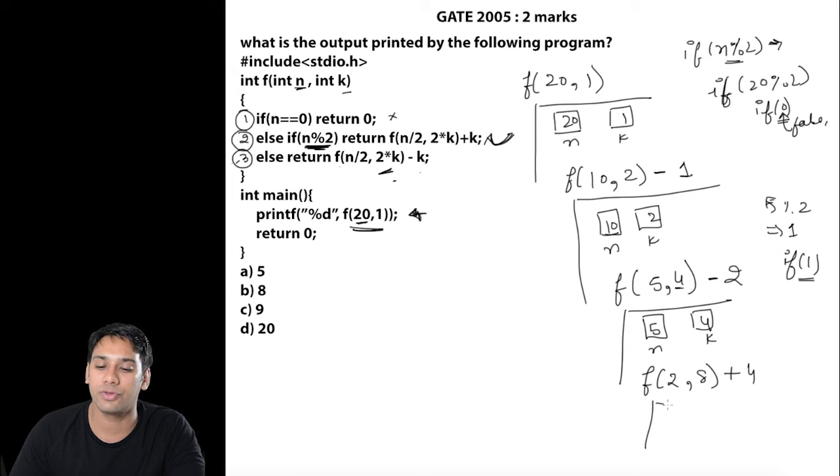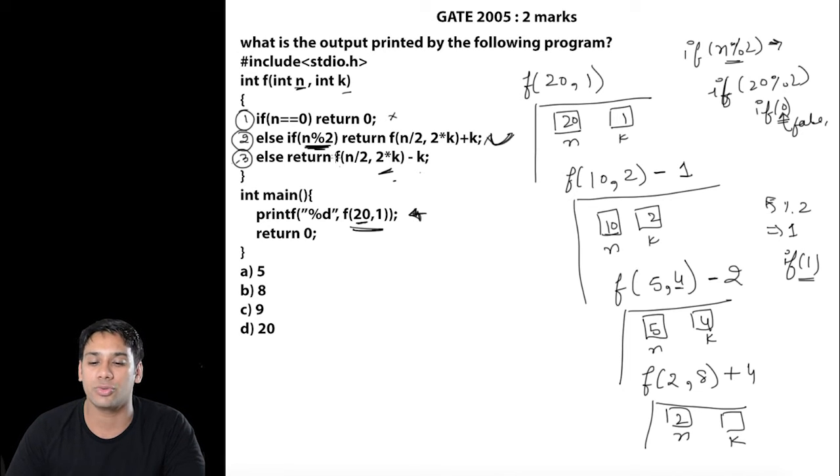So when we call f of 2 comma 8, the value of n is now 2 and the value of k is now 8. Statement number 1 will not be executed. Statement number 2 is n modulus 2, and the value of n is 2. 2 divided by 2 gives remainder 0, so statement number 2 will not be executed.